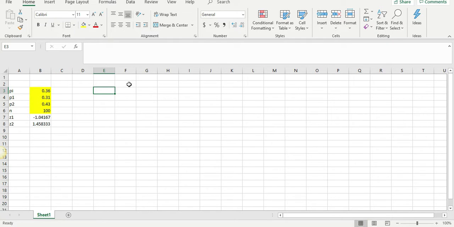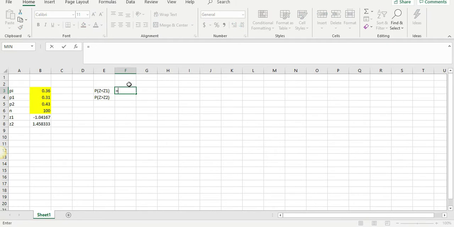From there, we need the probability that z is less than z1, and the probability that z is greater than z2. Thankfully, these are a lot easier.